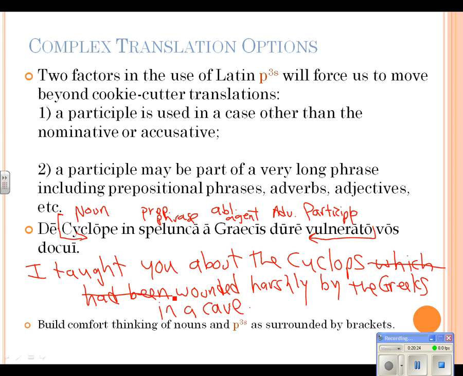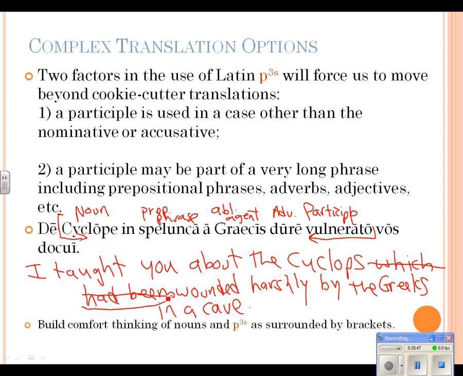But the use of a subordinate clause introduced by which, and then I want you to notice what has started to happen. Instead of translating with a cookie cutter translation, having been wounded or just plain old wounded, I've started to convert the participle into a fully conjugated verb.